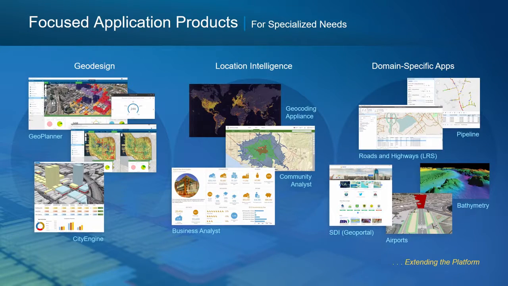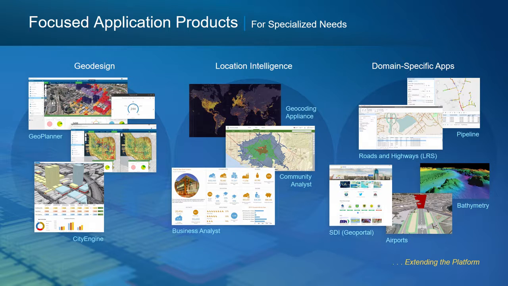Esri builds a series of what we call focused application products. And these respond to specialized needs like geodesign, like GeoPlanner and CityEngine, location intelligence, like the geocoding appliance, which turns out to be, by the way, the fastest geocoding appliance in the world. I just had to brag a little bit there. It is really amazing.